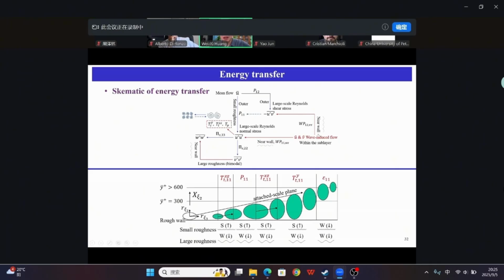But if there is roughness, there will be additional wave-induced production, and the transport terms, interscale transport and physical transport, are altered. For the small roughness, it will enhance all these several terms, but for the large roughness, it will weaken them. So this is why the small roughness has a more significant effect on the outer layer flow.